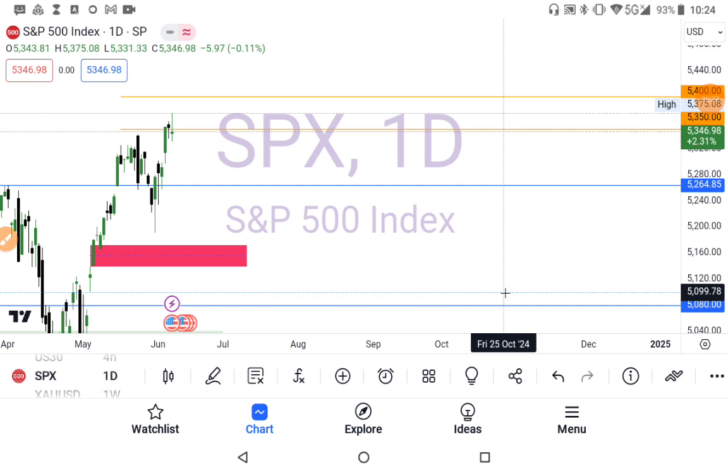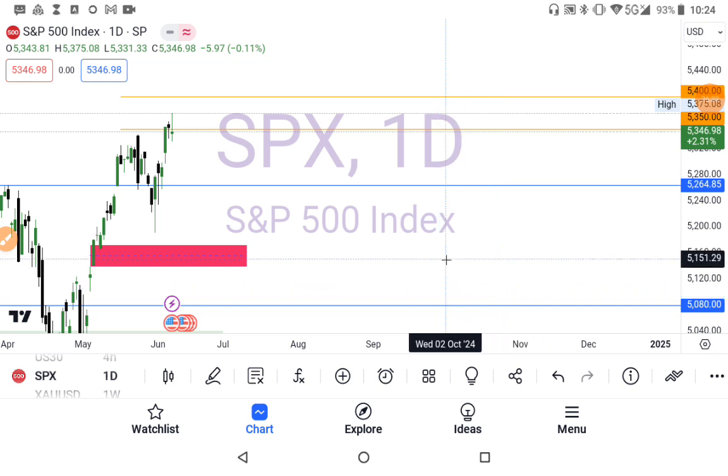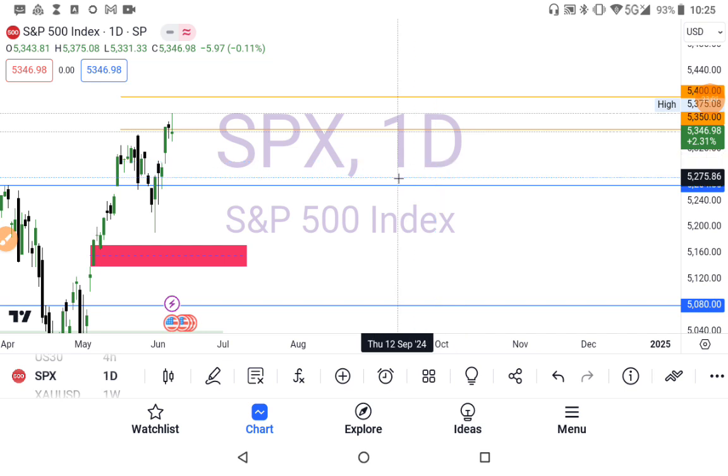Yes. 5264.85 is expected to serve as a support for us to visit 5300. So 5300 has been delivered. Then we have 5350 being delivered as well.